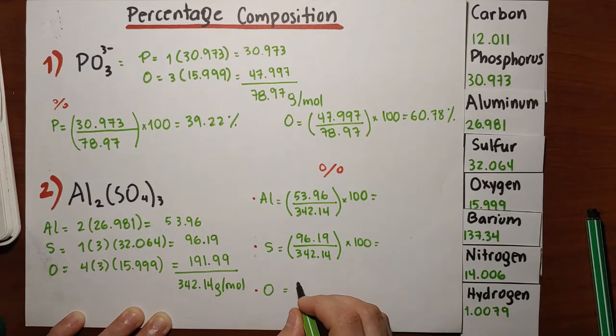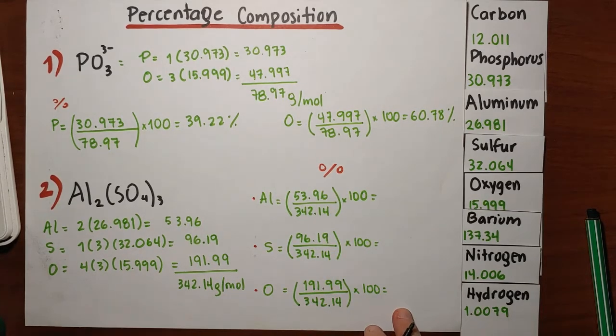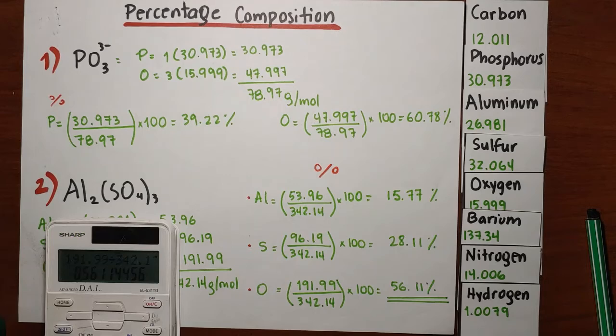And for oxygen, I have 191.99 divided by the total times 100. You perform this in your calculator, and this should give you the following. Okay, for aluminum I got 15.77, for sulfur I got 28.11, and for oxygen I got 56.11.